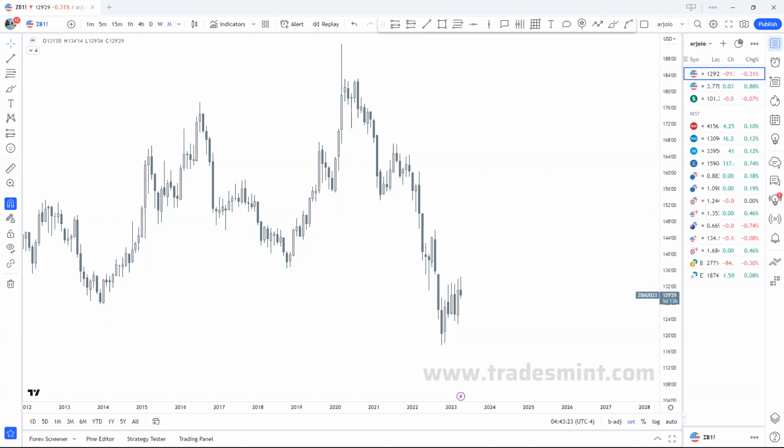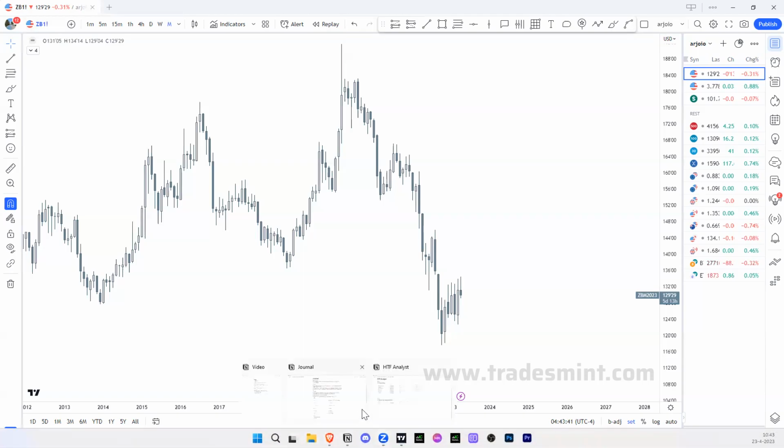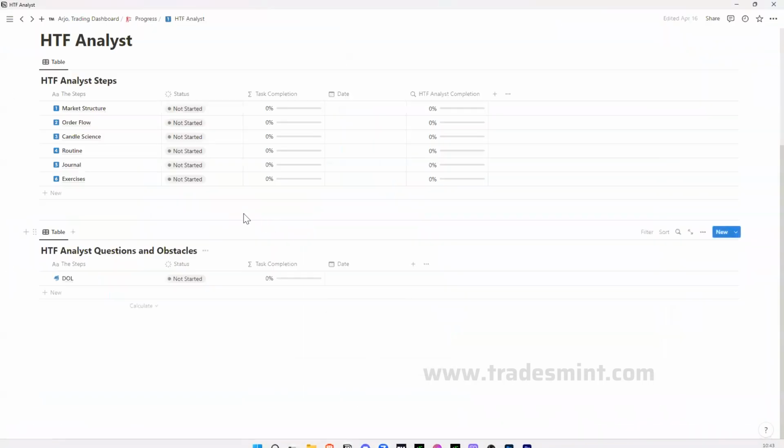All right. So yesterday we talked about the intro stuff, the Notion stuff, the steps stuff, and today we are going to talk about analysis and actually do an analysis and show you my routine, etc. Now, if we go to the Notion right here, you'll see market structure, order flow, candle science, a routine, journal exercise, like we went through yesterday.